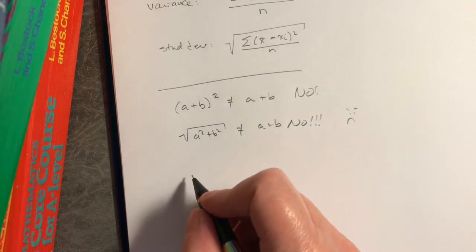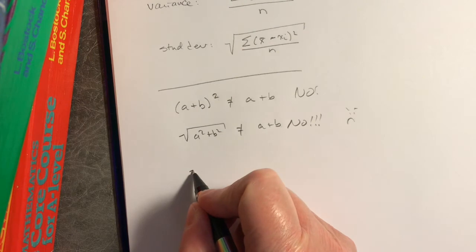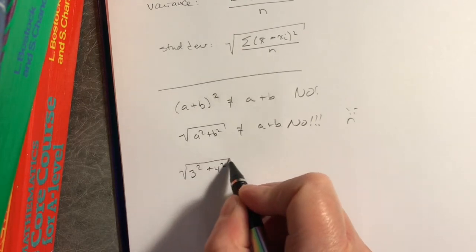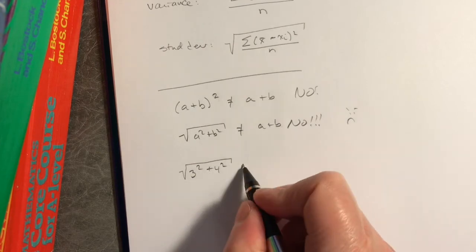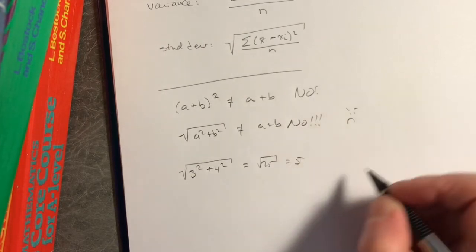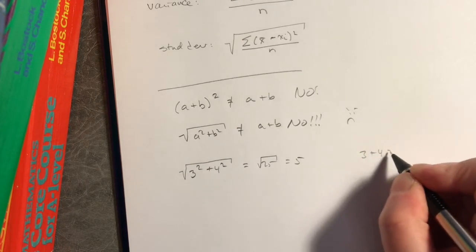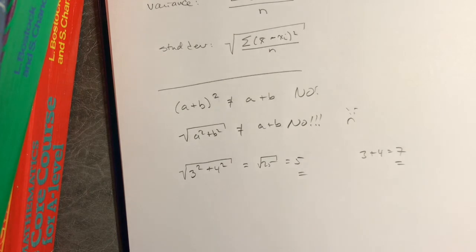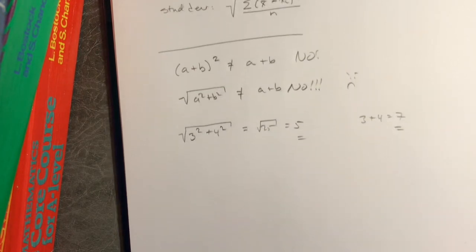And we know that it's not true, because if you say something like 3 squared plus 4 squared, everybody's favorite Pythagorean numbers, that's going to give you the square root of 25, which is 5, but I know that that's not the same thing as 3 plus 4, which is 7. Not the same. Okay, and what do we do in stats world?